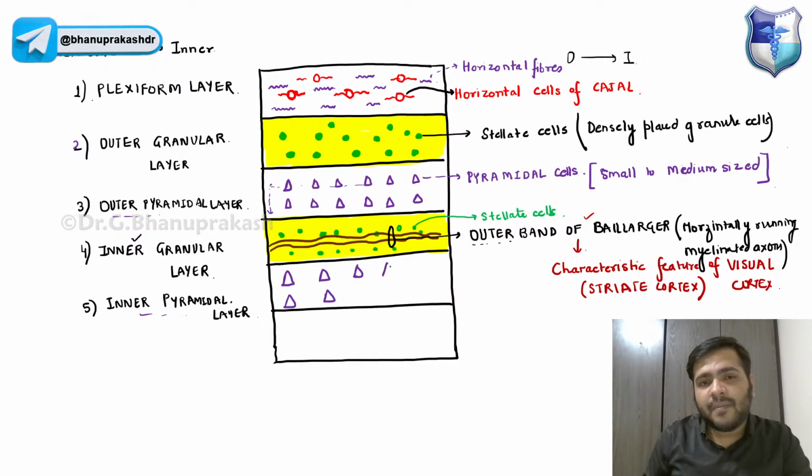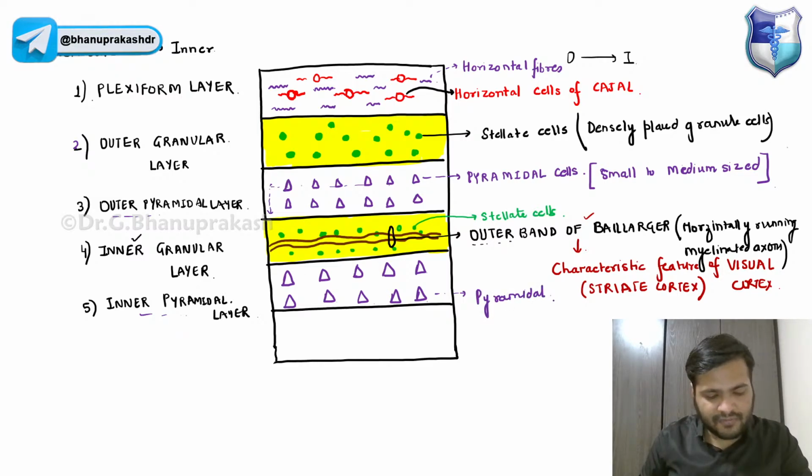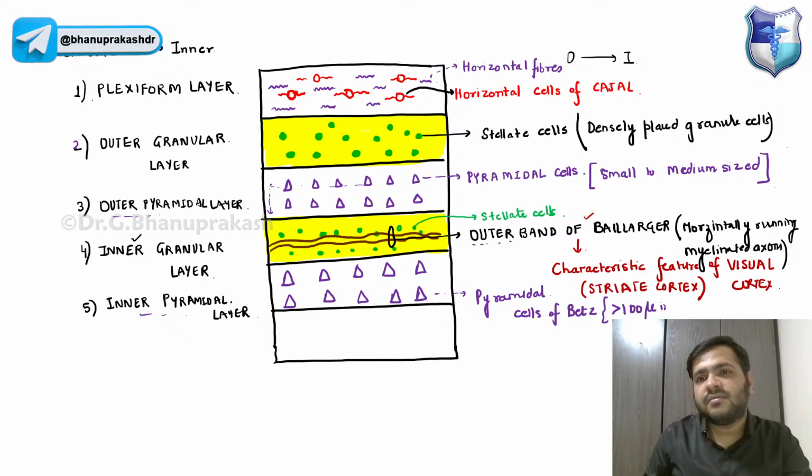These pyramidal cells are called the pyramidal cells of Betz. Usually they are more than 100 microns in size.